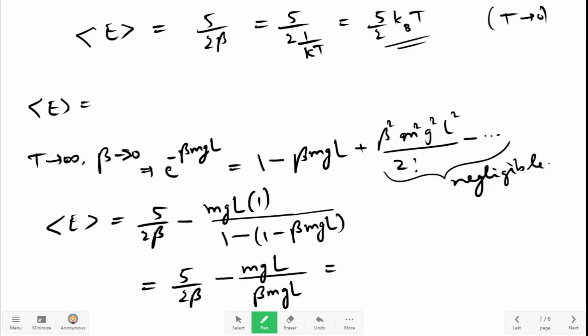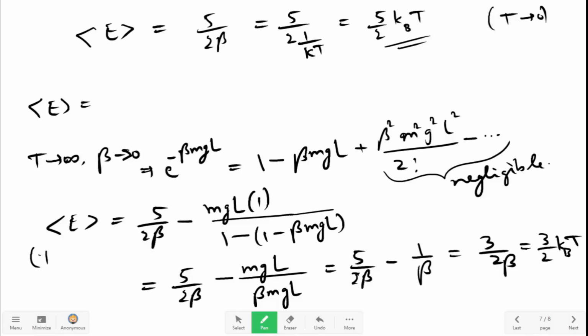This is equal to 5/(2β) minus 1/β, equal to 3/(2β), which is equal to 3/2 kBT. So this is the average energy when T is tending to infinity.